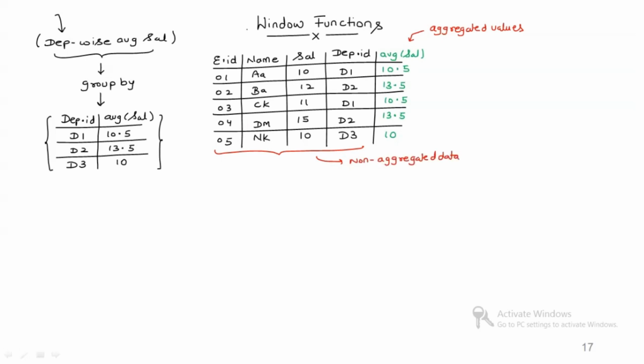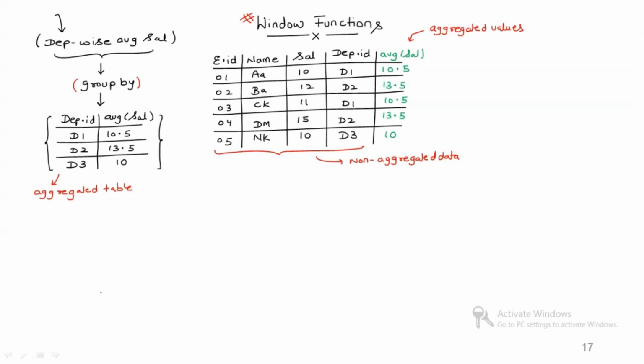This is where the concept of window functions comes into the picture. Using group by, you get output as an aggregated table. If you want aggregated values together with non-aggregated data, we use window functions.